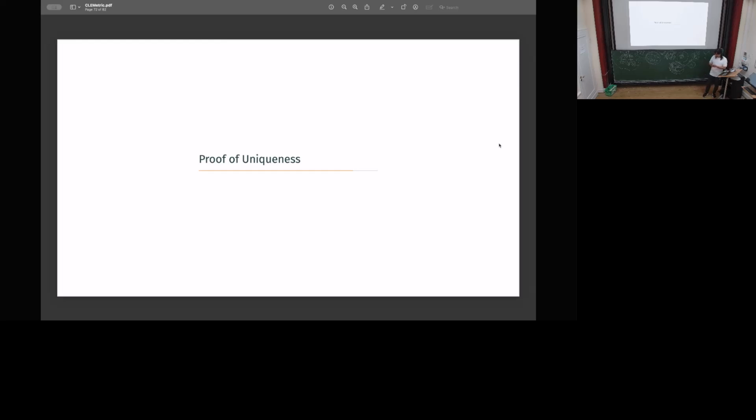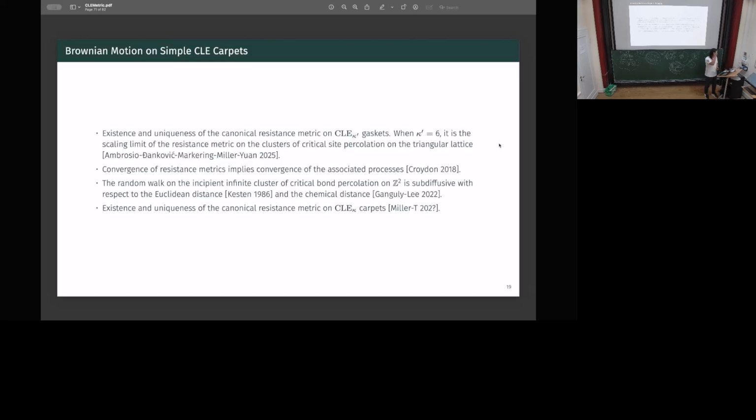So we guess that the techniques that are used to construct the geodesic metric should be somehow also useful to construct this resistance metric. But of course they are not the same thing, so there will be more difficulties. But you expect the same strategy should somehow work, right? Yeah, some of the main ideas should be the same.